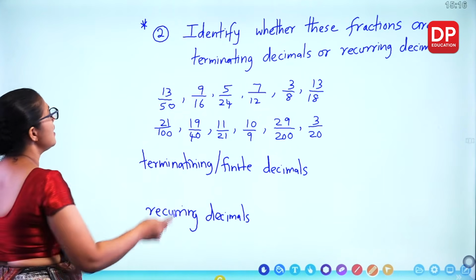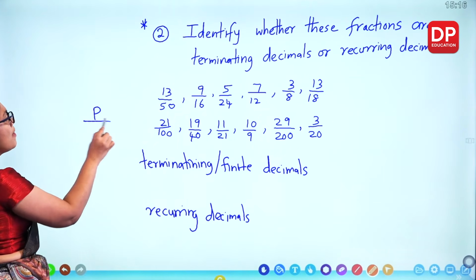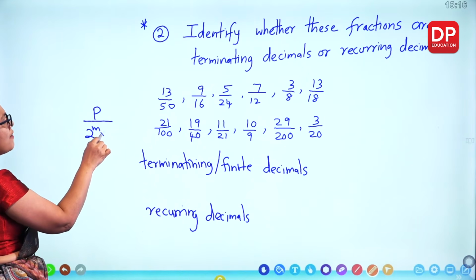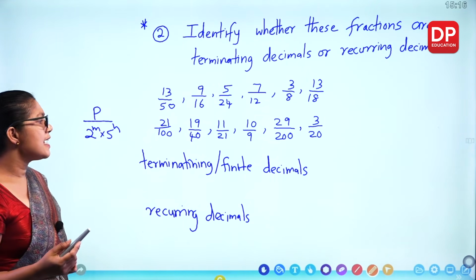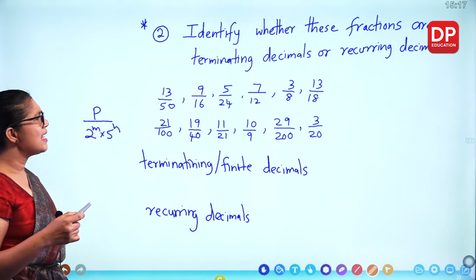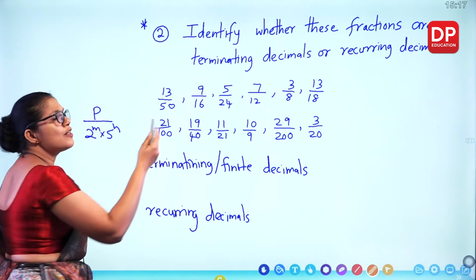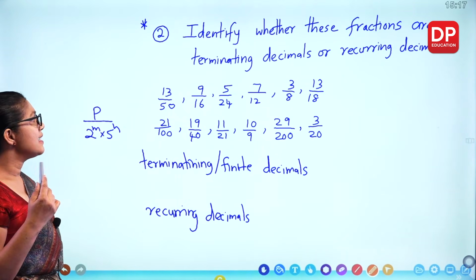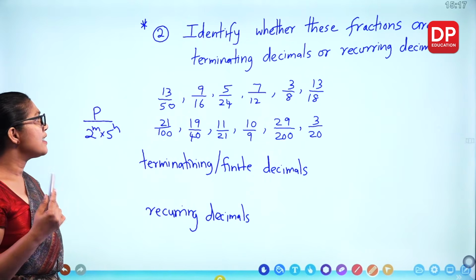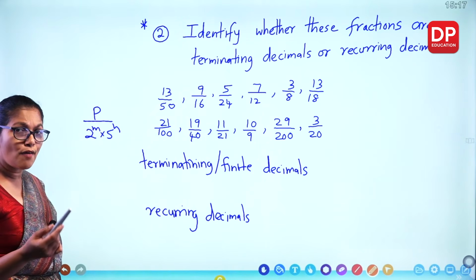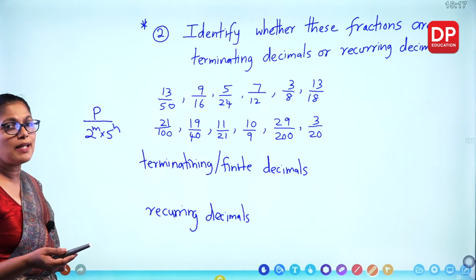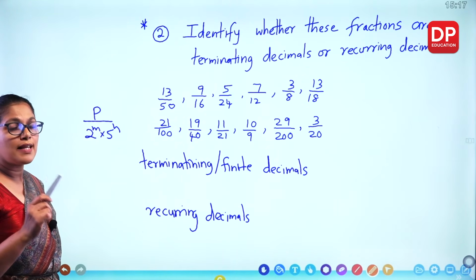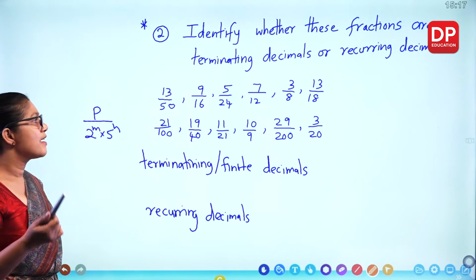If you can write any number over 2 to the power m and 5 to the power n, we know those are finite decimals. So we look only at the denominators, and if you can write that number as a multiple of 2 and 5, that means it's a finite decimal. If you can't write it in that form, that's a recurring decimal.